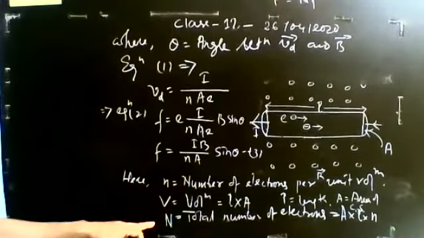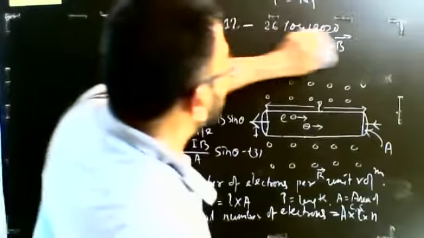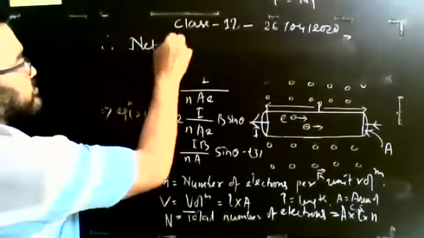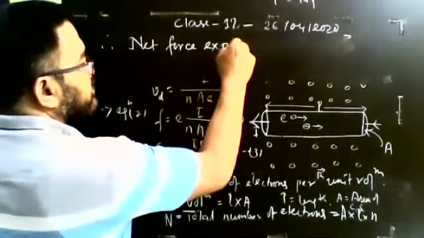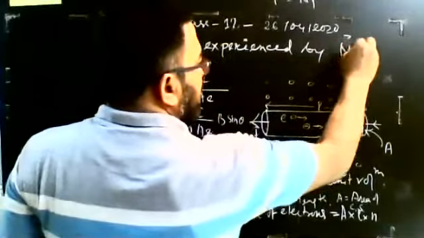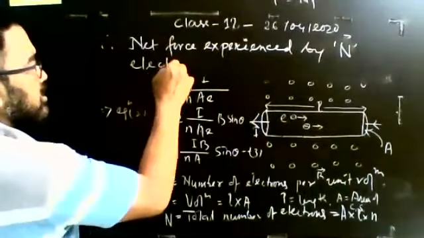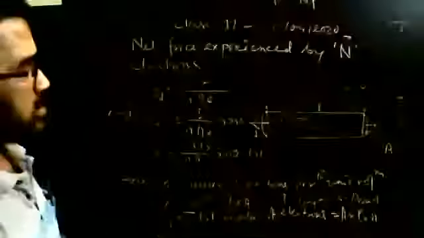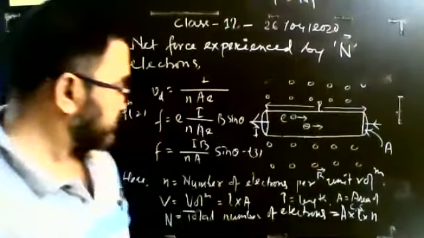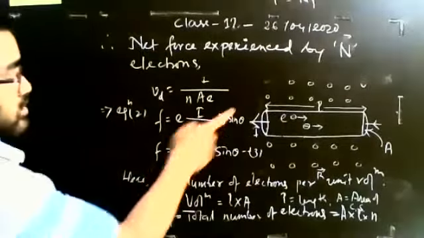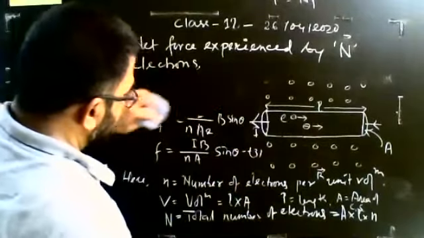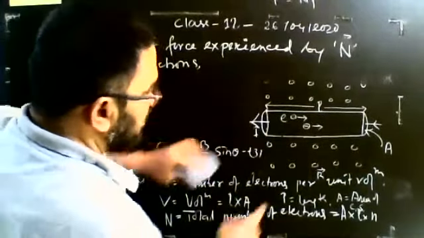Therefore, the net force experienced by capital N electrons, because this conductor consists of capital N electrons, which is equal to ALn. So this small force should be multiplied by capital N. Then we'll get the net force experienced by all electrons.